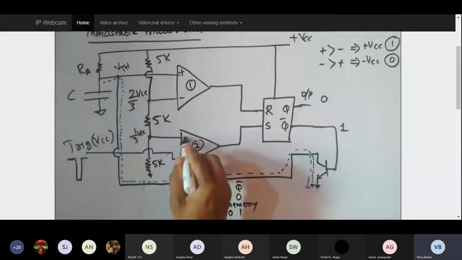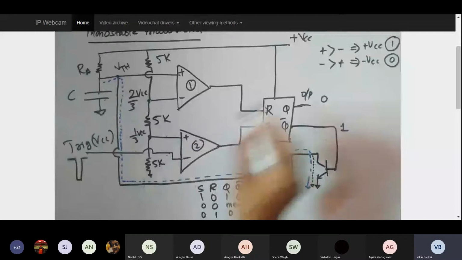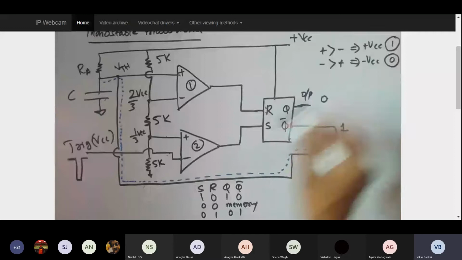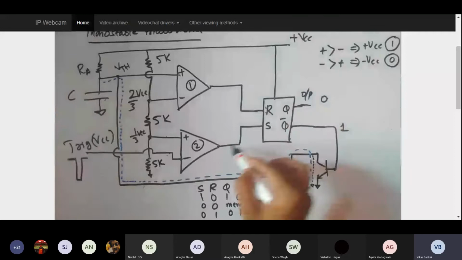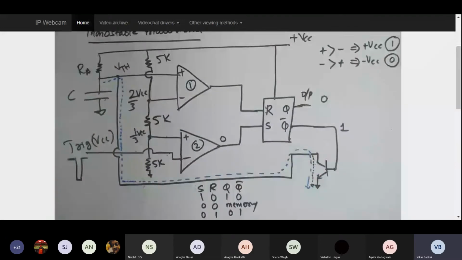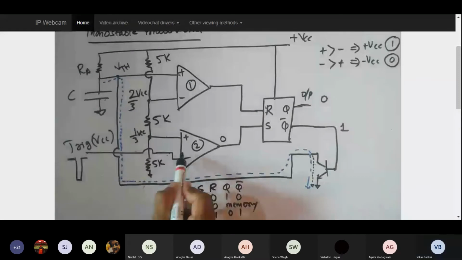And according to this condition, if the inverting terminal is at higher potential, that is my negative terminal is greater than the positive terminal, my output will be held at minus VCC. So in turn, that means it will be at logic 0. So logic 0 is generated from comparator number 2 the moment we apply a positive trigger to the non-inverting terminal of comparator number 2.